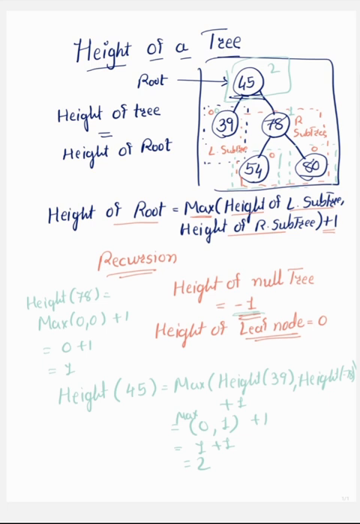Now, if we talk about the algorithm, how to create a program, for that we are going to use recursion. You can do it by iteration as well, but recursion is a good thing to opt for. So we are going for it. Consider the height of a tree.